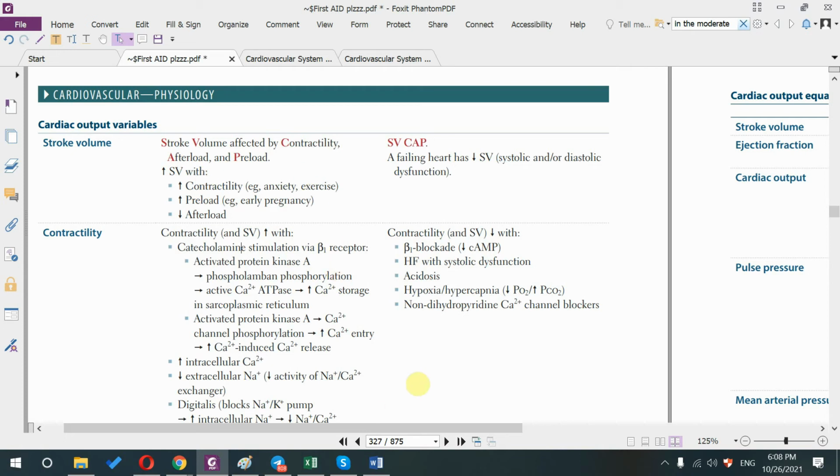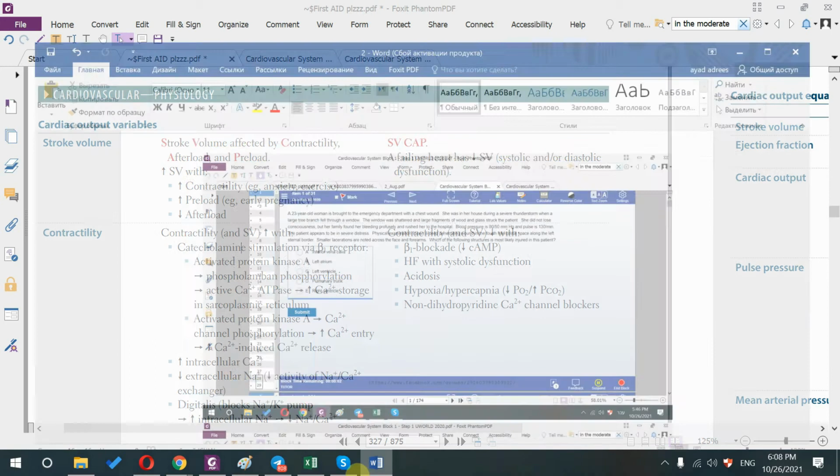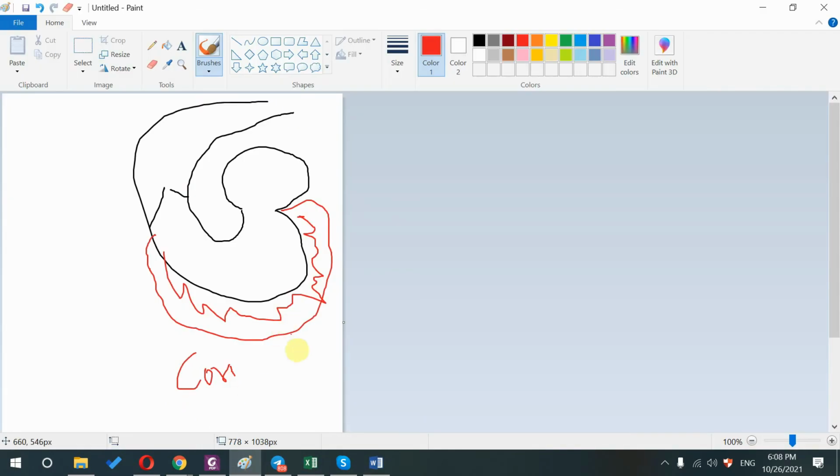So let's try to understand what each of these mean. The contractility, first of all, is how strongly it contracts into itself. The second thing is the preload. What does the word preload mean? It's how much blood is located inside of the chamber before it pumps.